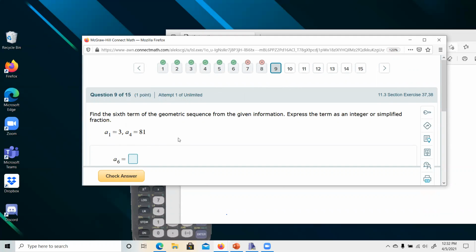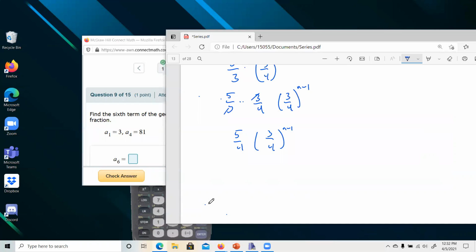Okay, so let's see here. Find the sixth term. Express the term as an integer or a simplified fraction. So we have a1, a2, a3, a4, and this is 3, and then 3r, 3r squared, 3r to the third, which is equal to 81.